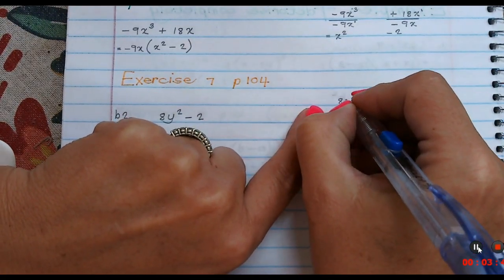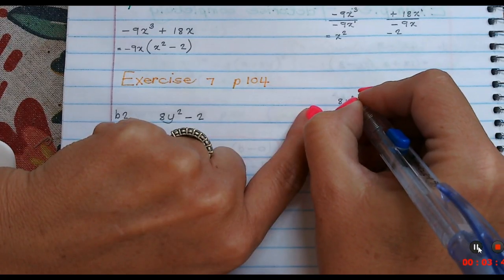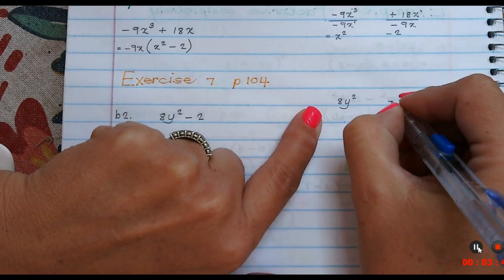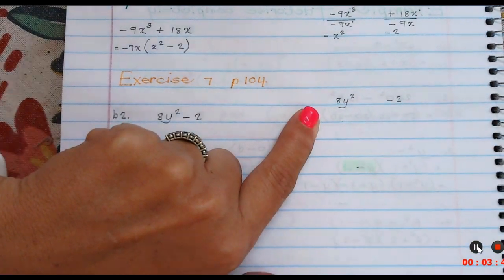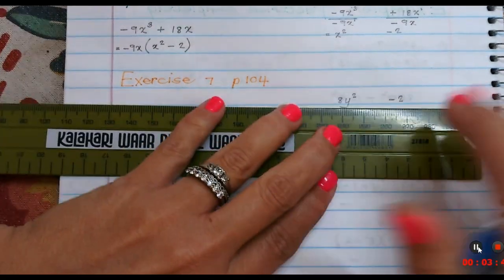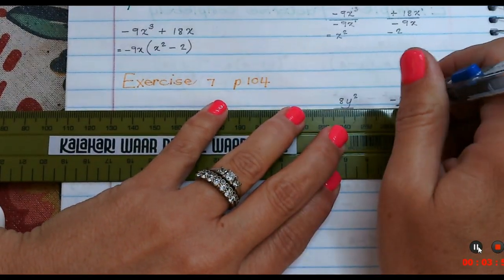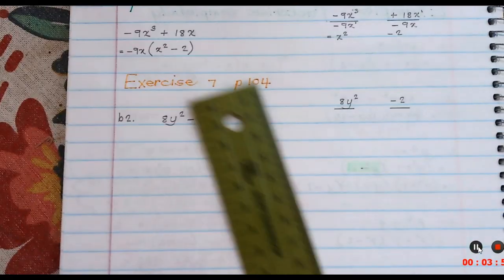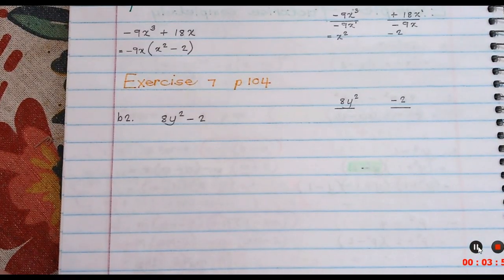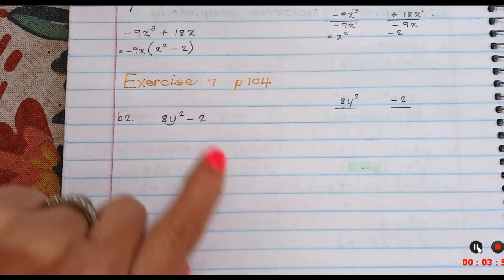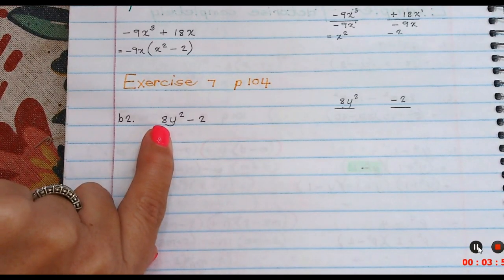I have 8y squared minus 2. I'm going to divide each term by the highest common factor. I do not have to take a negative now because my first term is positive.